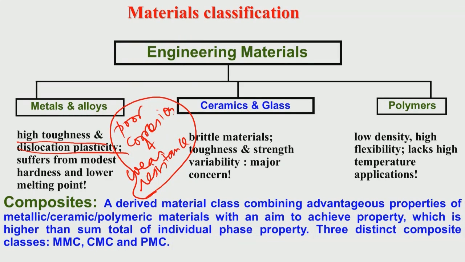So, this degradation in material properties is quite obvious, and that has been an issue for metals and alloys. Now, for ceramics, as I said, fracture toughness is an important limitation, because they are brittle in nature. Another one is strength reliability.